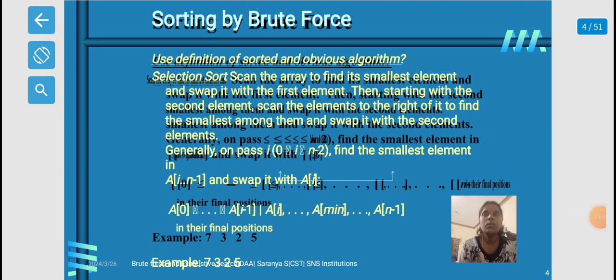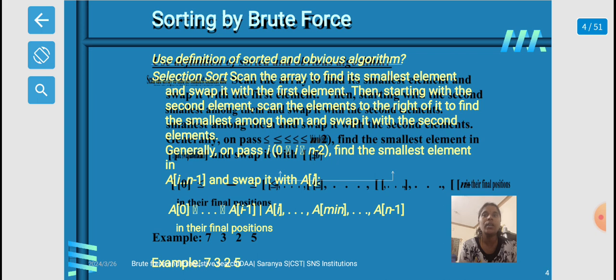The algorithm of selection sort on A[0..n minus 1]. The problem description: sort a given array by selection sort. The input is an array A[0..n minus 1] of orderable elements.